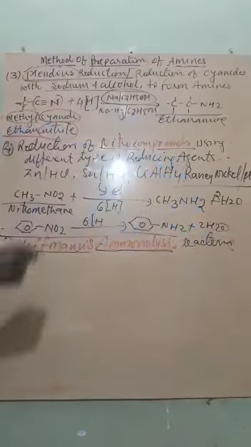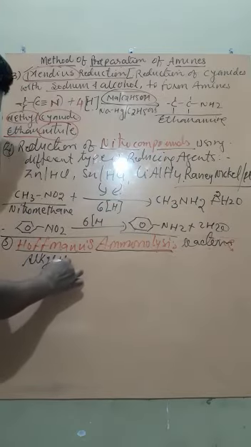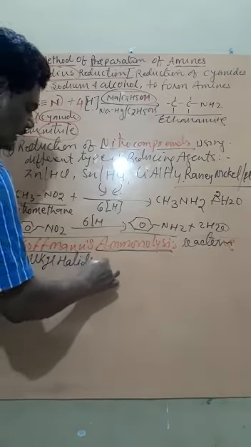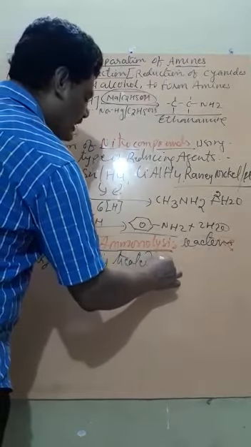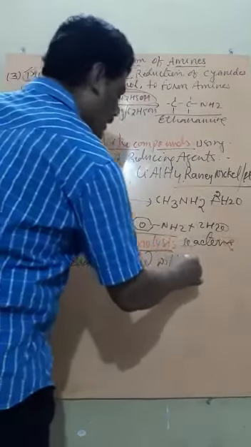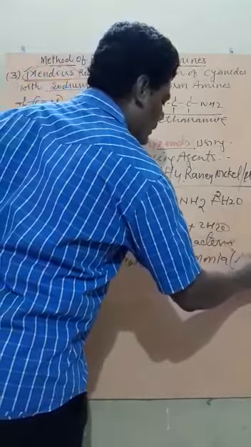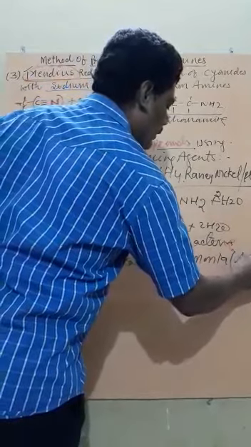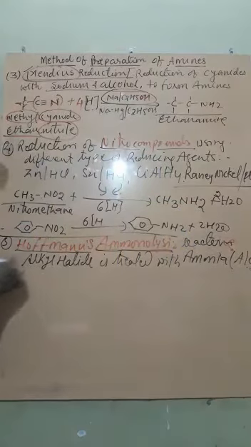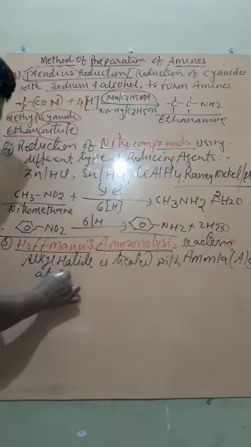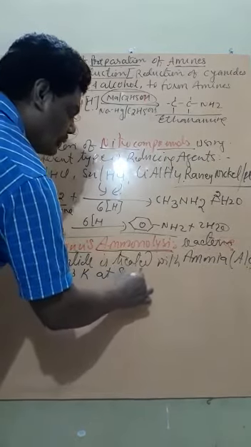In this reaction, alkyl halide is treated with ammonia solution. Which type of ammonia solution? Alcoholic ammonia solution, and it is heated at 373 Kelvin in a sealed tube.